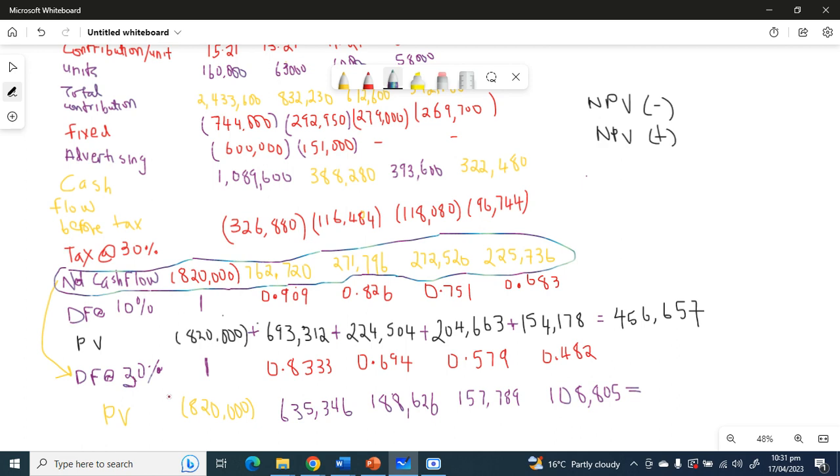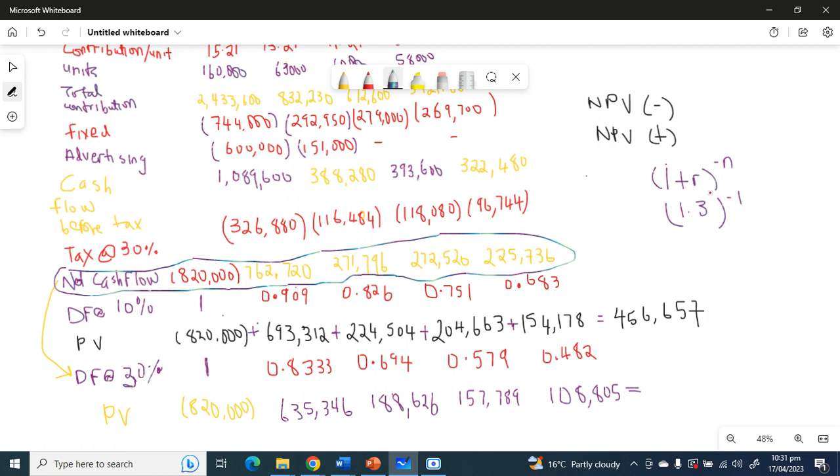All right. So we have to use the formula for the present value, 1 plus r to the power negative n. So 30% is 0.3. 1 plus 0.3, that is 1.3. For year one, 1.3 to the power negative 1.